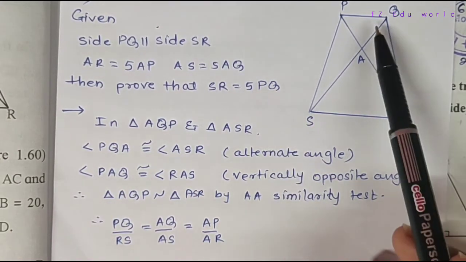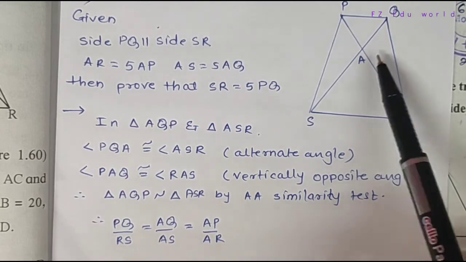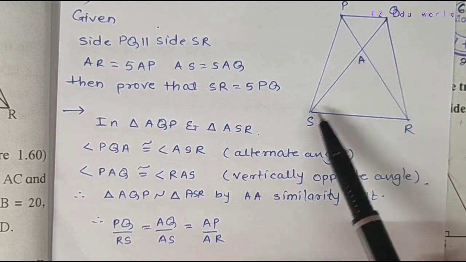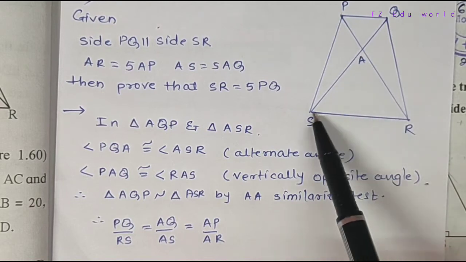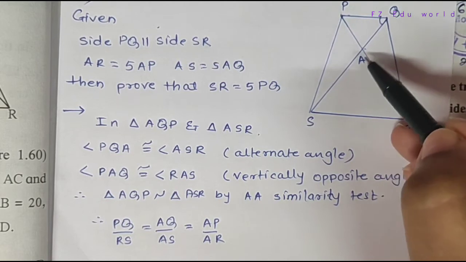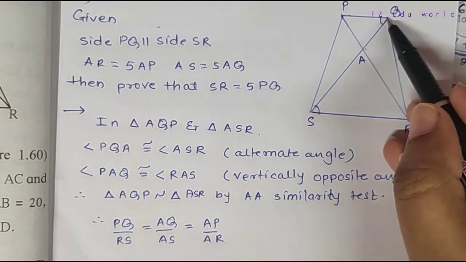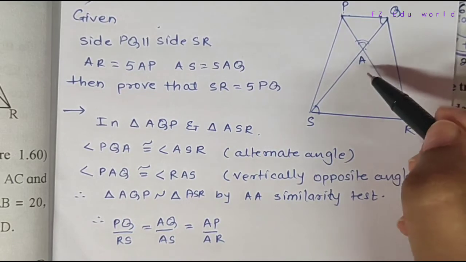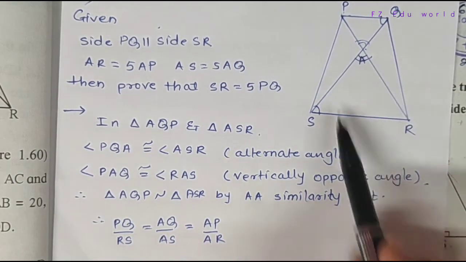See, here we have two triangles in this trapezium, triangle AQP and triangle ASR. In these two triangles, angle PQA and angle ASR are alternate angles, and angle PAQ and angle SAR are vertically opposite angles.